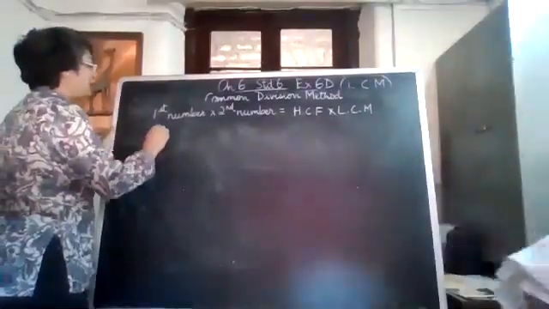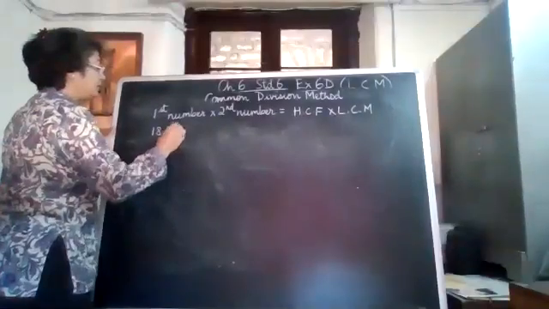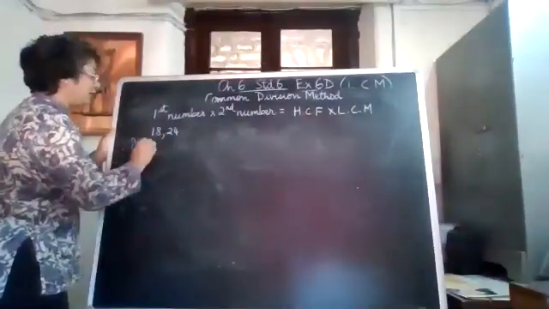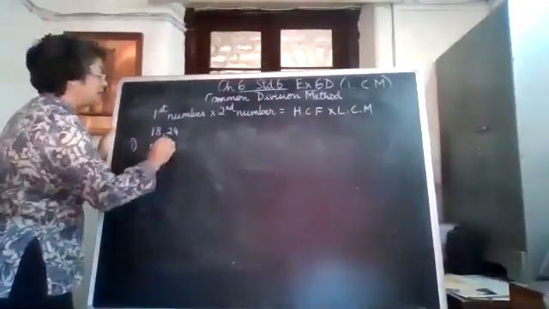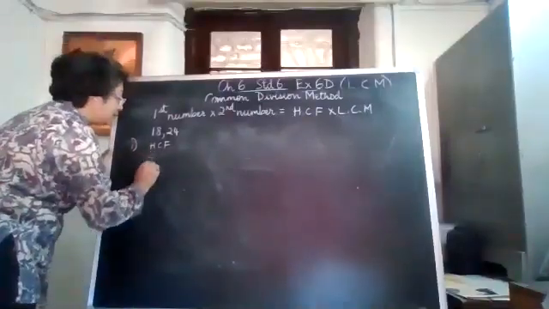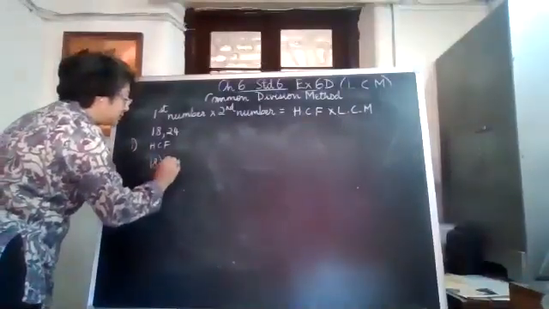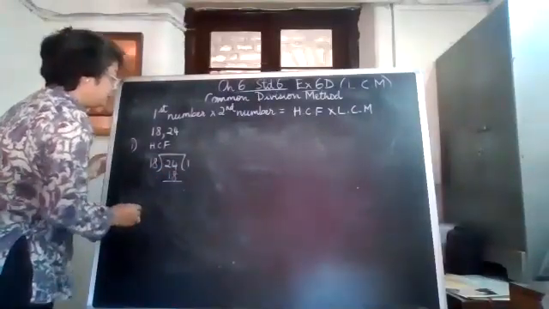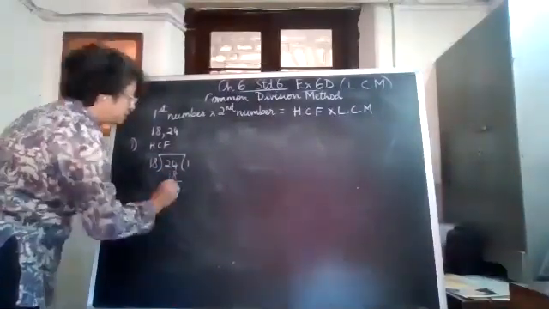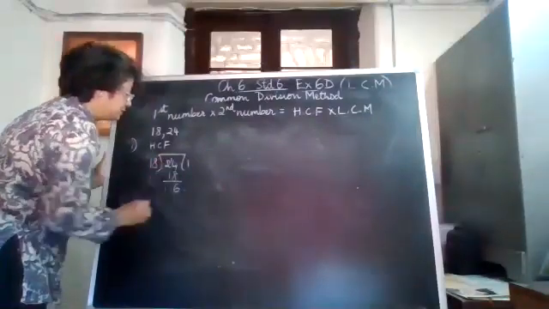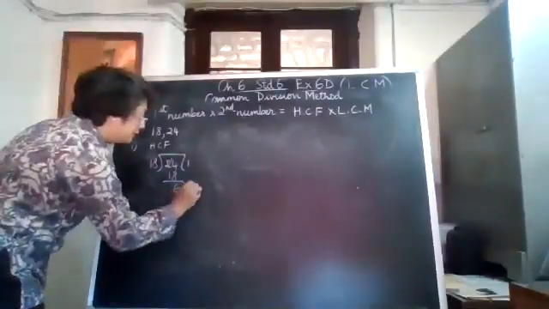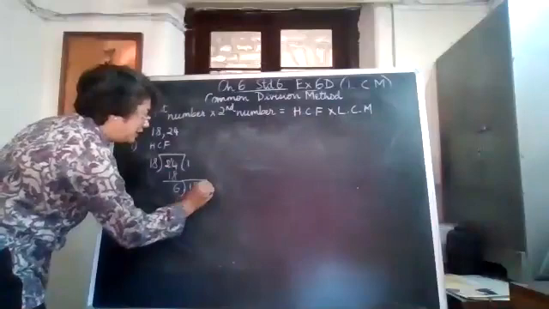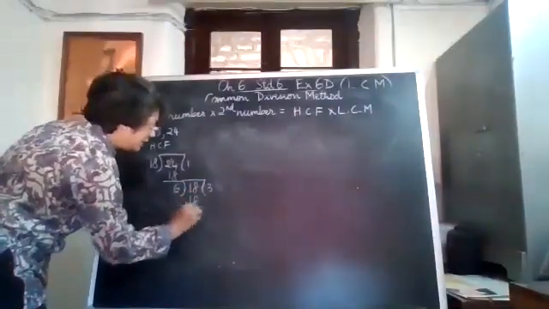Okay. Now I'm going to show you with a simple example. Take the sum 18 and 24. First I'm finding the HCF. This method we taught you all yesterday of finding the HCF.